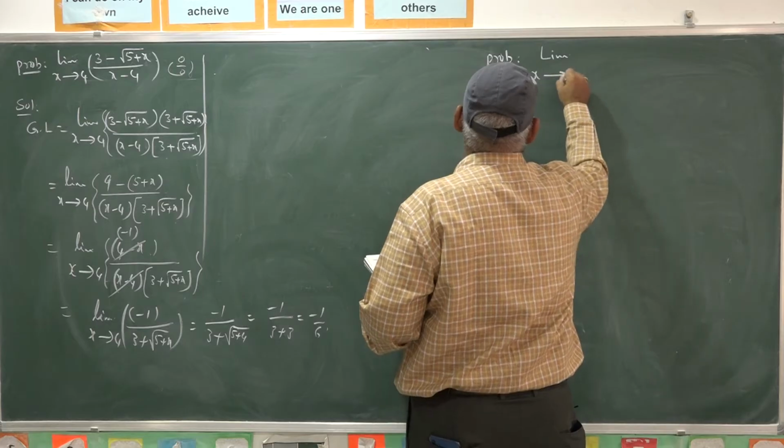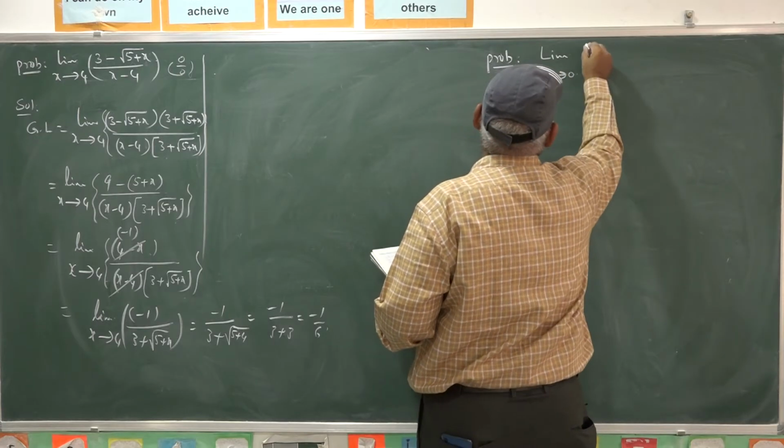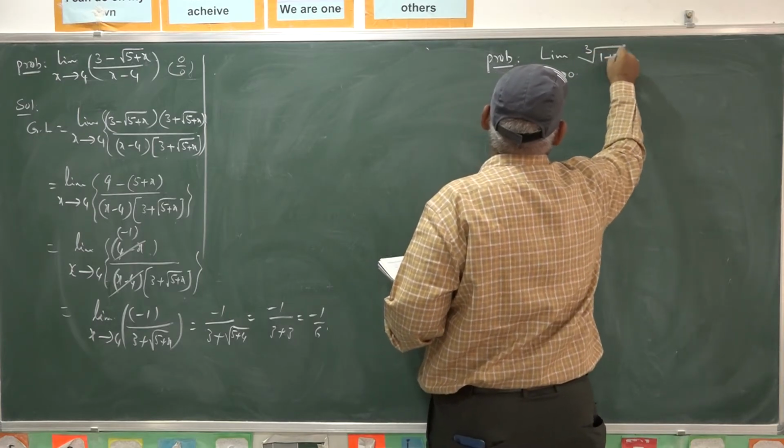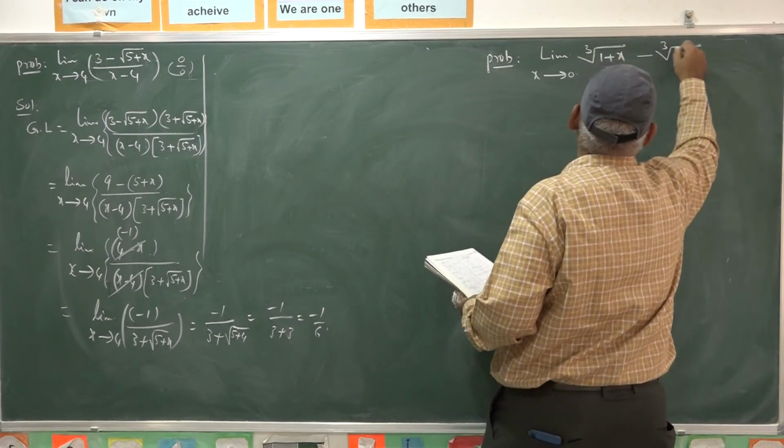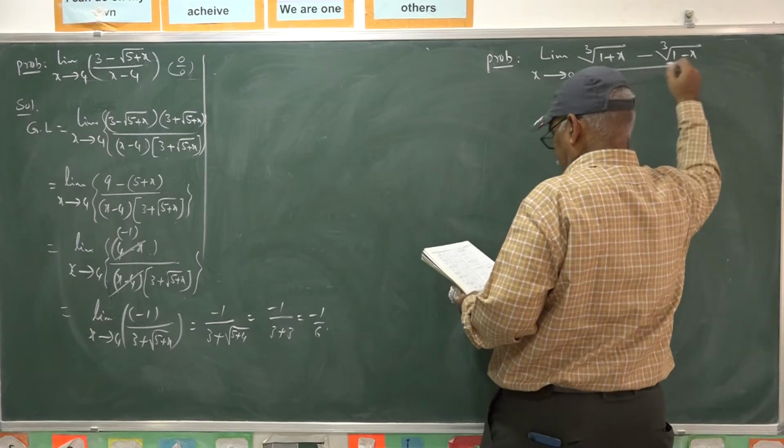Limit as x goes to 0 of (cube root of 1 plus x minus cube root of 1 minus x) divided by x.